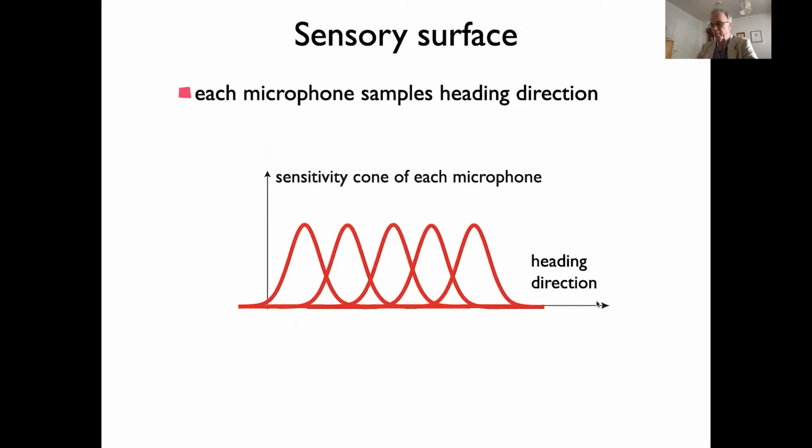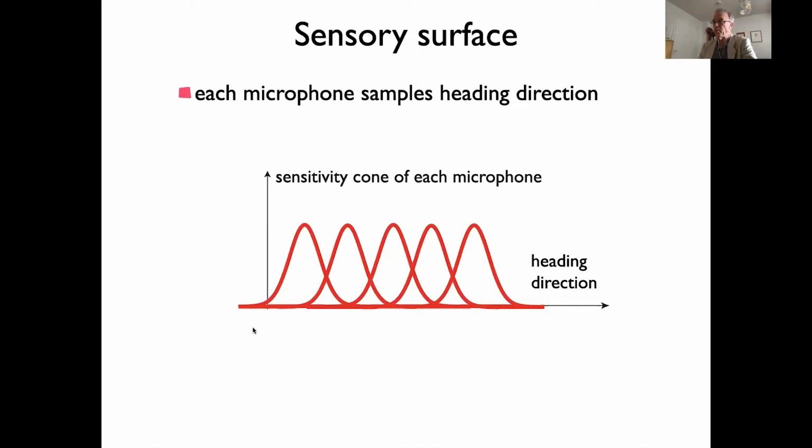Each microphone has some kind of sensitivity cone, crudely assessed by us. These are relatively simple, cheap microphones that are not very unidirectional, omnidirectional. That cone was about plus minus 30 degrees, and we modeled that cone as a Gaussian with the width being that 30 degrees.